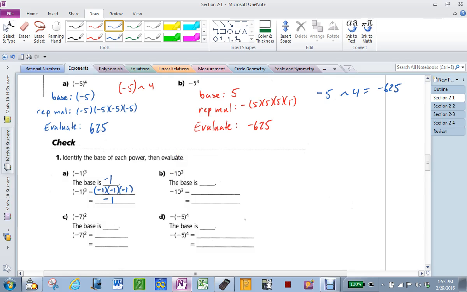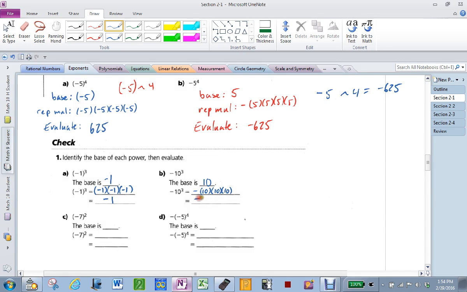It's different. What's the base? 10. So if the base is 10, how many 10s must I write here? 3. 10, 10, 10. But what's out in front of it? The negative sign. So first I do 10 times 10 times 10, which is 1,000.